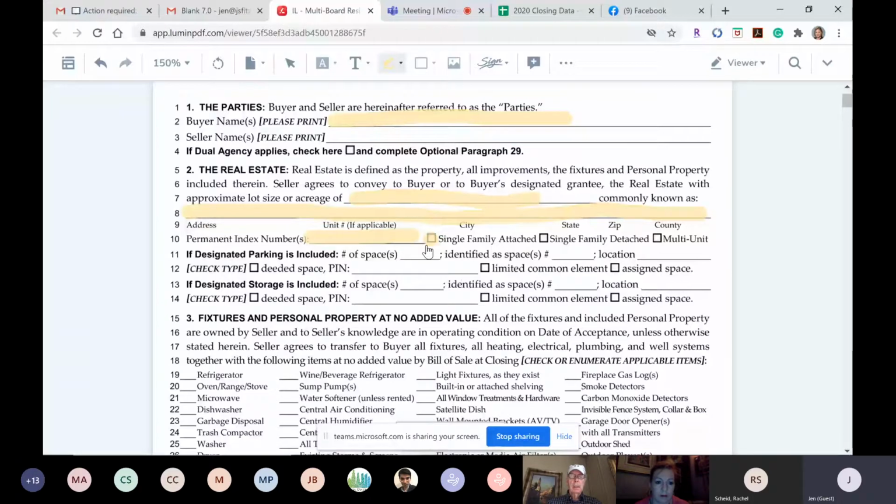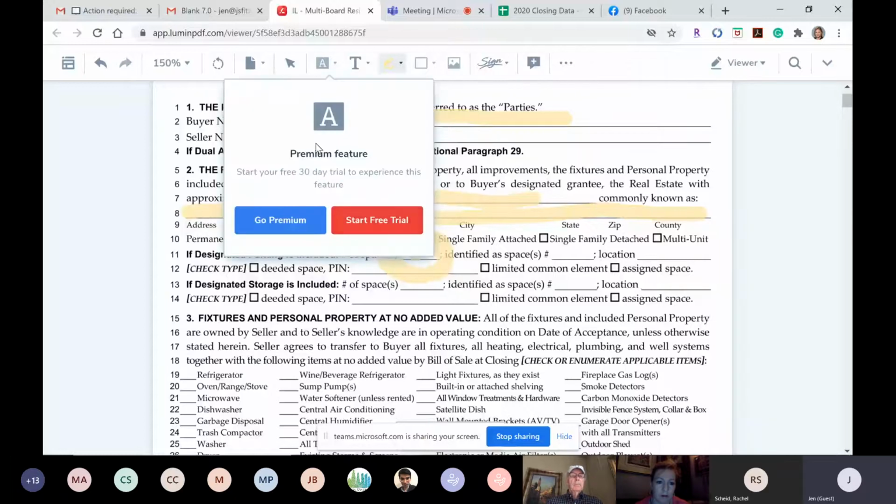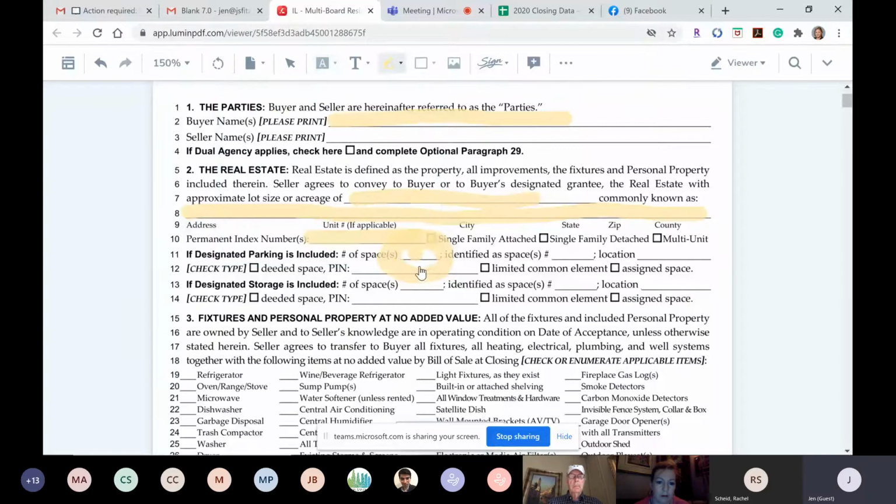If you don't know that, at least let your attorney know that we are looking for some kind of parking space. So I'd identify at least the number of parking spaces that you were told. I'd go ahead and at least identify that there's at least 1 or 2 spots, whatever you think that you're getting.